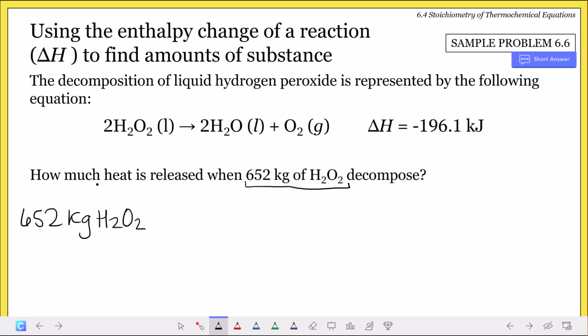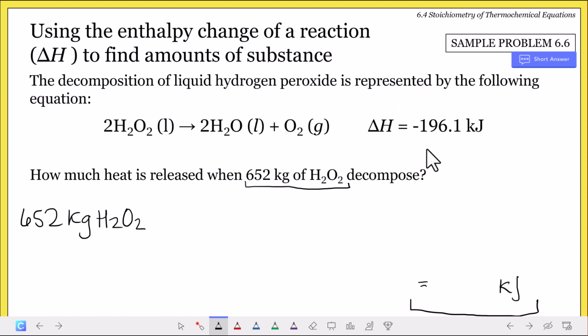And I want to know how much heat is released from this amount. Okay, so I should end up with some answer in kilojoules, right? Because I'm told I have this mass of hydrogen peroxide decomposing, and I want to know how much energy that's going to be releasing in the form of heat.